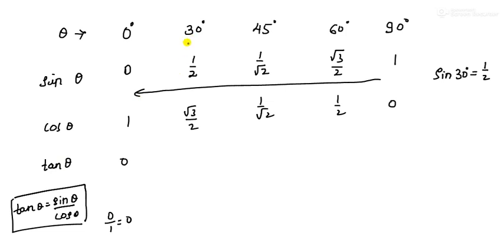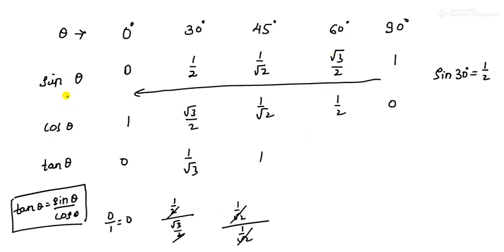Next, tan 30. It will be sin 30 by cos 30. It means 1 by 2 divided by root 3 by 2. It means 1 by root 3. And since both of these are the same for sin and cos at 45, tan will be 1, because 1 by root 2 divided by 1 by root 2 will cancel, so it is 1.